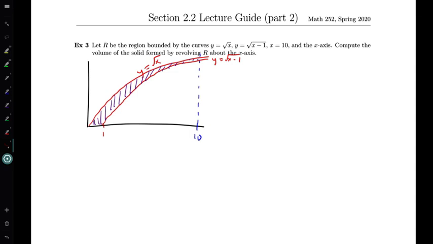We know that volume is additive, meaning that if you can split up a solid into two different pieces, then in order to get the volume of the whole solid, you add up the volumes of the two pieces. And here, maybe what my solid looks like is some kind of sideways cup.